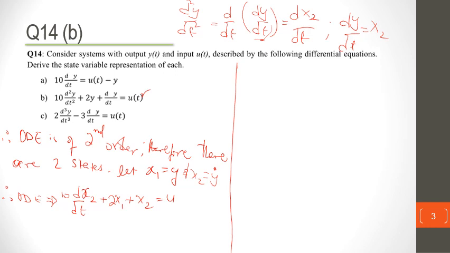Now, this implies that we have x2 dot being equal to u minus x2 minus 2x1, all over 10.